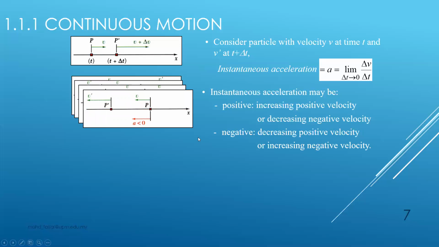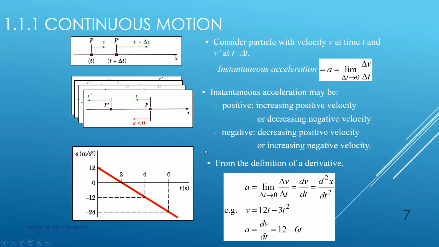The same as before, if you increase the negative velocity, meaning in the reverse direction, the acceleration becomes negative. Negative velocity indicates the direction. So initially it is 10, but then it increases to 12, so the acceleration becomes negative.